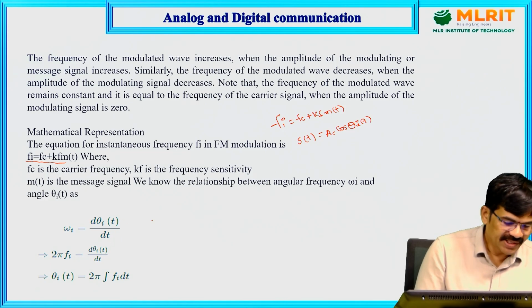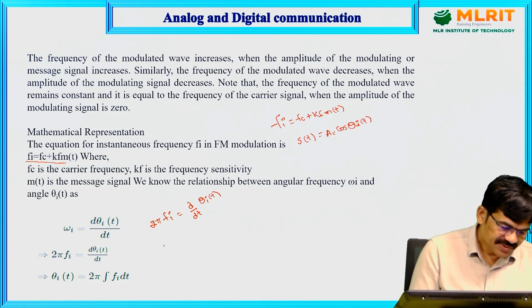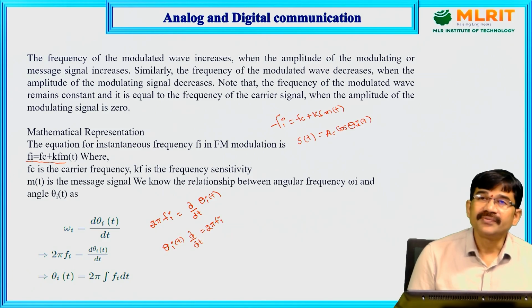Omega i is nothing but 2 pi fi. So d by dt of theta i of t is equal to 2 pi fi.